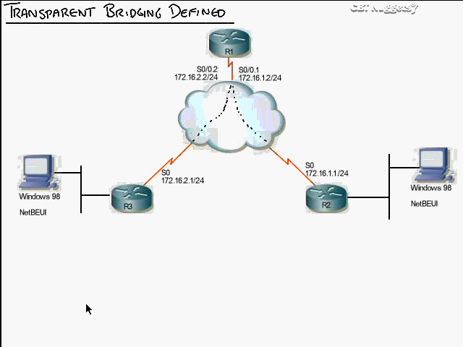So transparent bridging does simply that, allows those protocols to communicate through it. It will turn your router into a switch for the interfaces of your choosing. As you choose interfaces, for instance, let's say on router 3 we have fast Ethernet 0 over here and serial 0 up here. As I choose those interfaces, I will assign them to what is known as a bridge group.